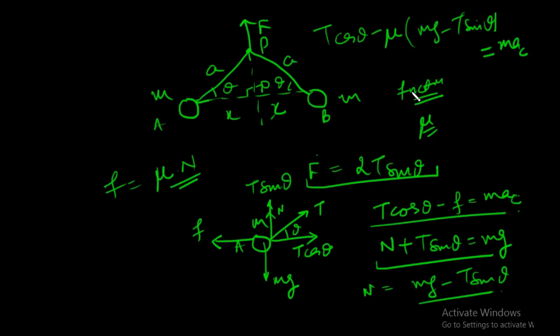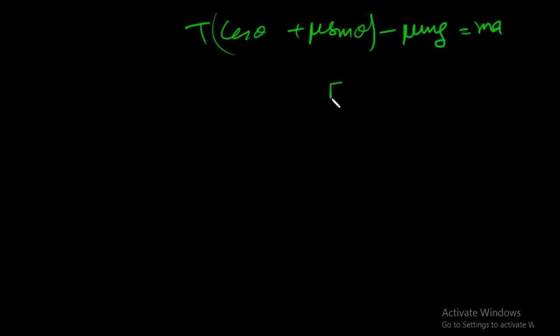Alright, now I'm writing it here. T into cos theta plus mu sin theta minus mu mg is equal to ma, and F equal to 2T sin theta.